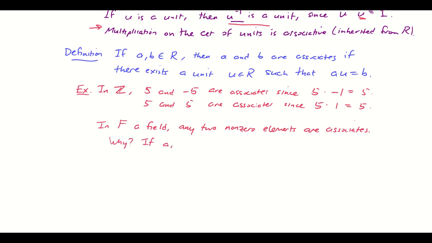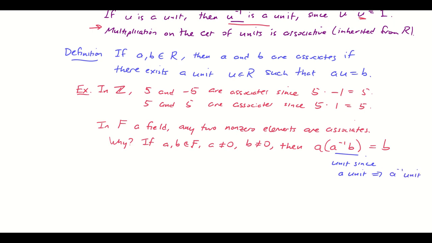Well, if A and B belong to F and are non-zero, then we know they're both units, so we can say A times A inverse B is equal to B. And what I'm multiplying by here is a unit, since A is a unit, therefore its multiplicative inverse has to be a unit. That's what we just proved. And B is a unit, and units are closed under multiplication, so A inverse B is a unit. So any two non-zero elements are associates.